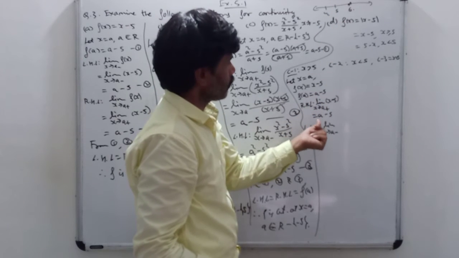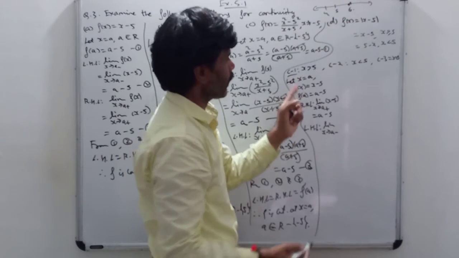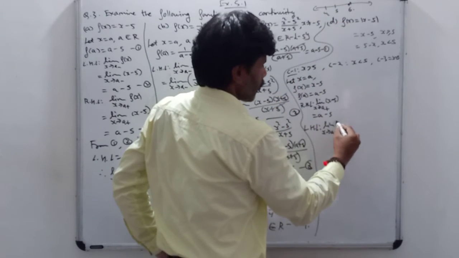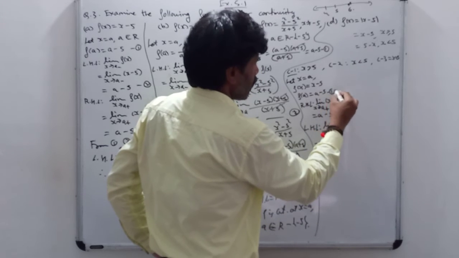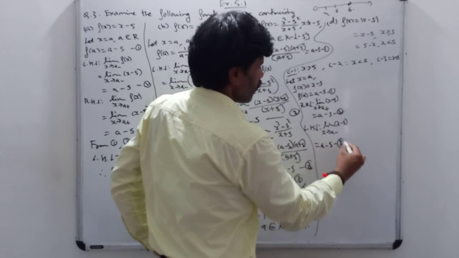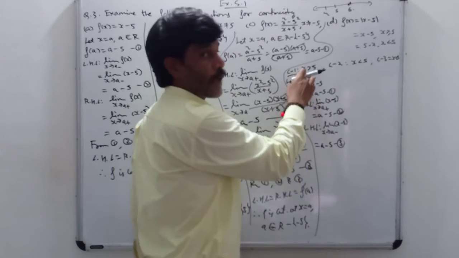Now x tends to a minus means 5.99, which is again greater than 5. So the function is going to remain the same, x minus 5, and you will get a minus 5. So give it result number 1, this is 2 and this is 3. From 1, 2 and 3 I can say this function is continuous for x greater than 5.